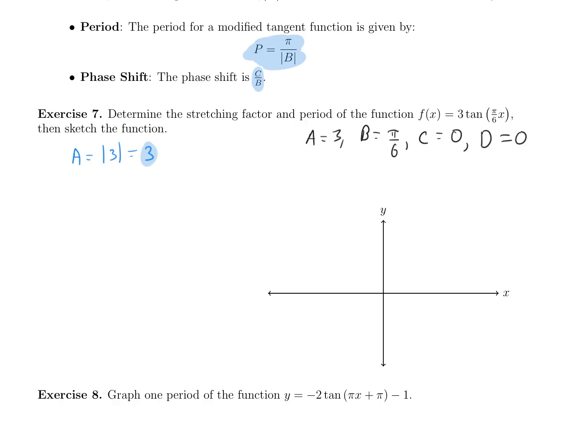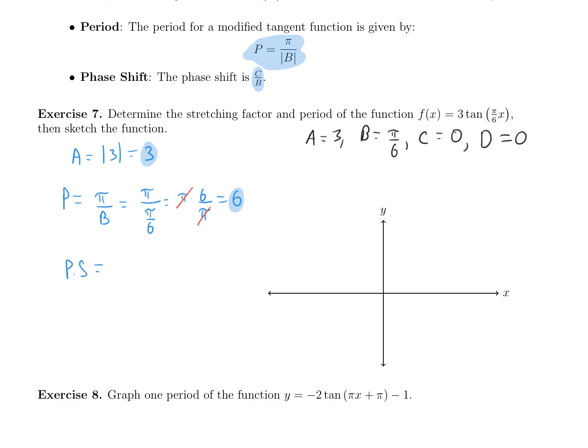Okay. The period is pi over the absolute value of B, which in this case is pi over pi over 6, which becomes pi times 6 over pi since you multiply by the reciprocal. And then that gives us 6 as our period. Okay. And finally, the phase shift.